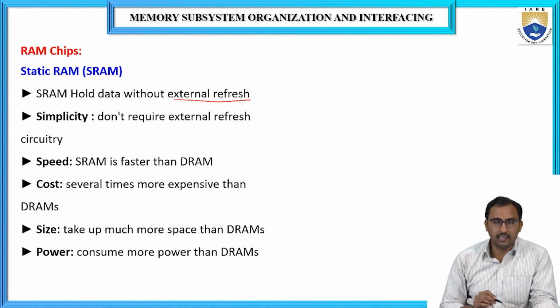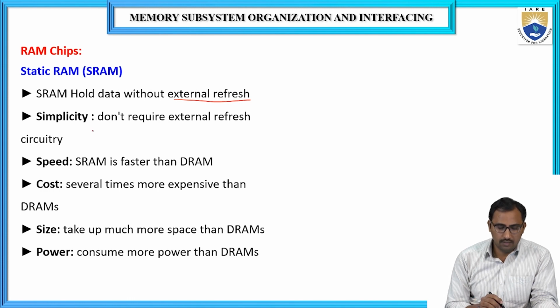So here in the static RAM, we do not require any refresh cycle, because to construct this SRAM, we require MOS transistors. In this type of memory, SRAM, we are not using any capacitor. That's why there is no need for a refreshment cycle, and it doesn't require any external refreshment circuitry.